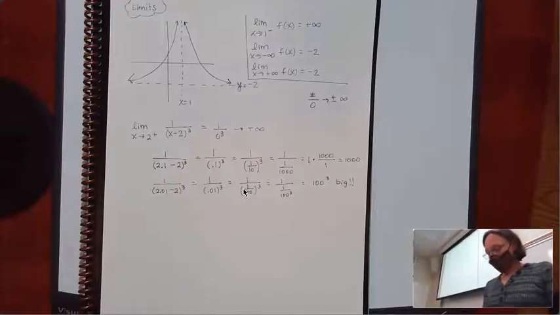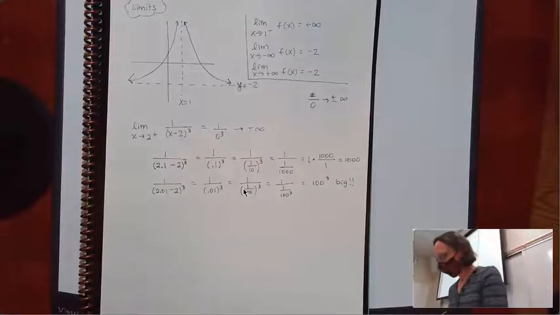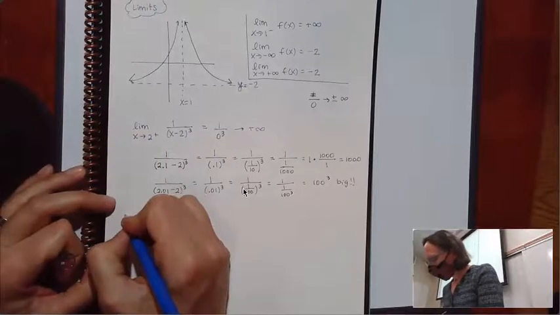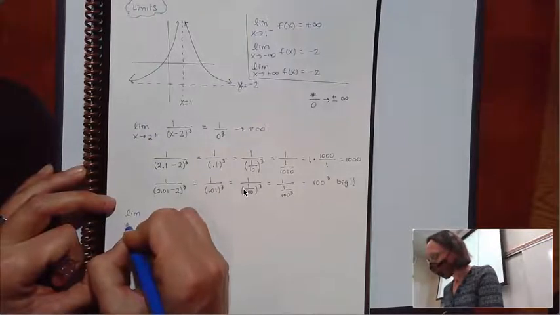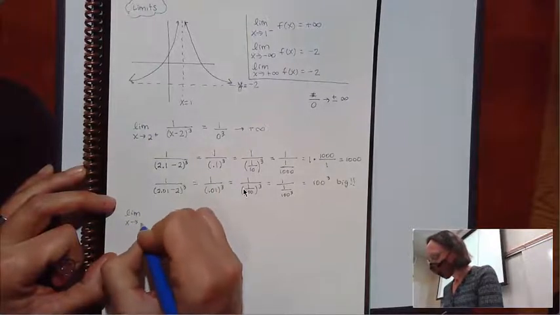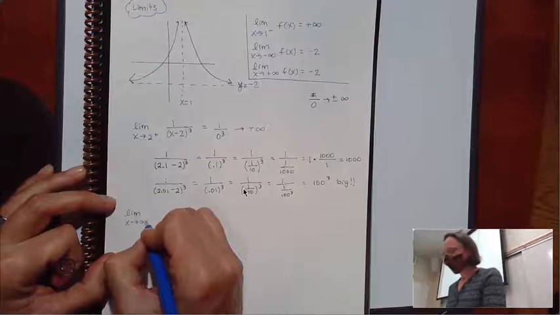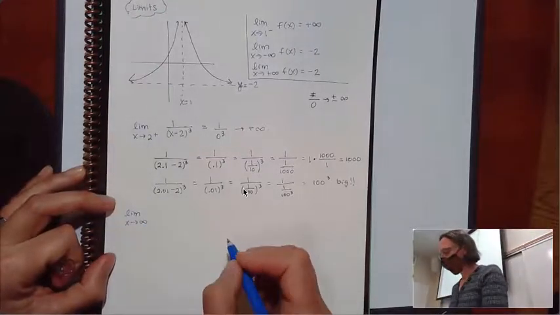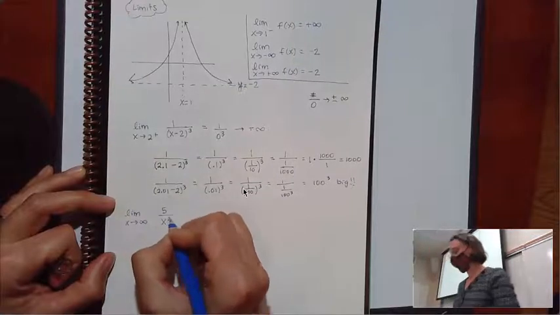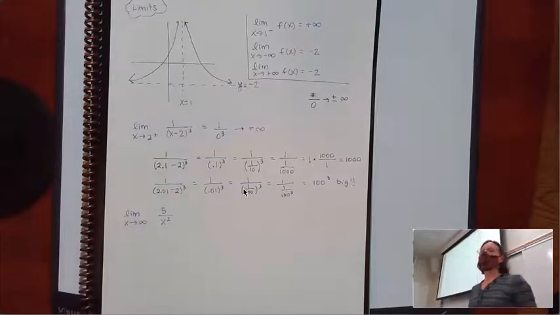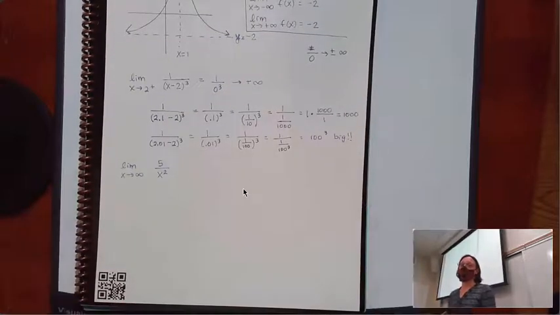Other important limits. This is just basic fun with limit stuff. So if I look at the limit as x approaches infinity of 5 over x squared, well, the first thing that we try with any limit problem is to plug it in.